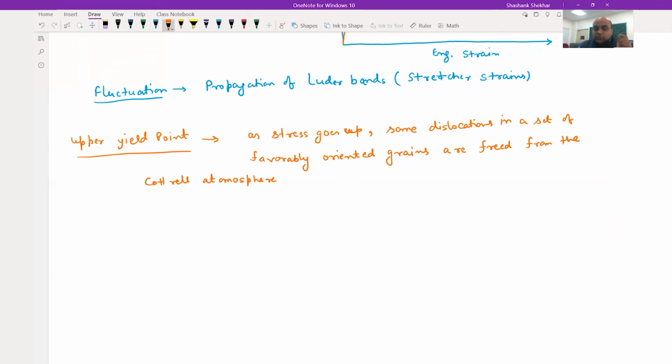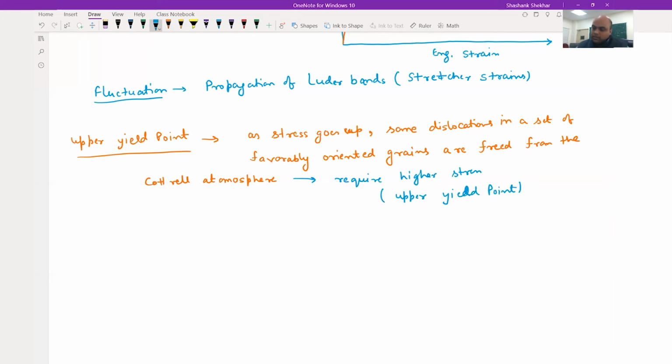And to free this dislocation from the Cottrell atmosphere, you require higher amount of stress. Okay, and this is why we have upper yield point.